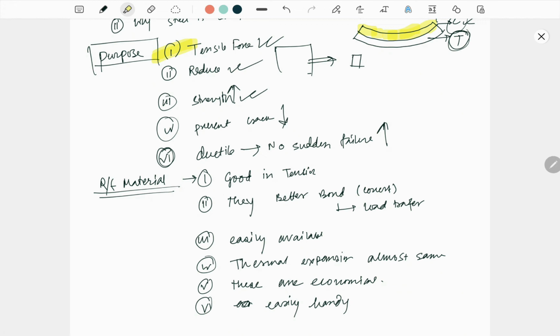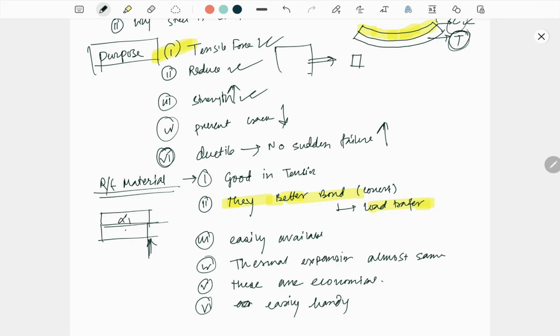Reducing size and shape, because they have better bonding and load transfer, so more strength. Okay, easily available, it's okay. Then thermal expansion almost the same. So you may ask, sir, if thermal expansion is not the same, then what happens? I give you one example. This is one metal, this is another metal, and you provide heat.